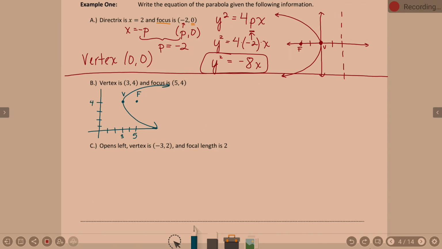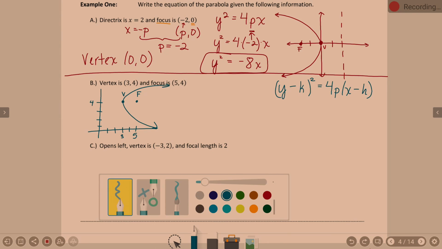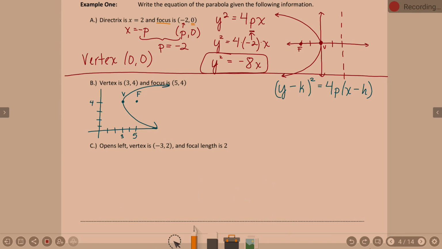So we're going to be trying to fill in y minus k squared equals 4p times x minus h. That's my goal. That's what I've got to fill in. Now, how many pieces of information do I have to have here?